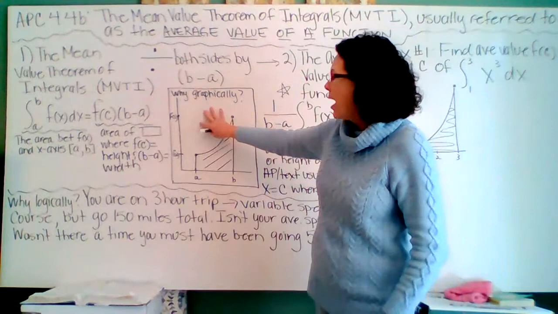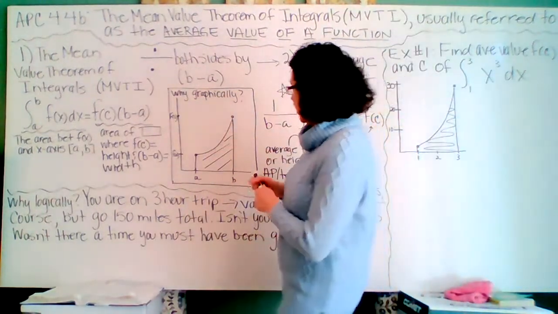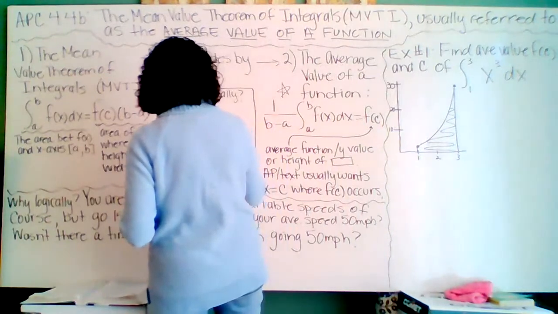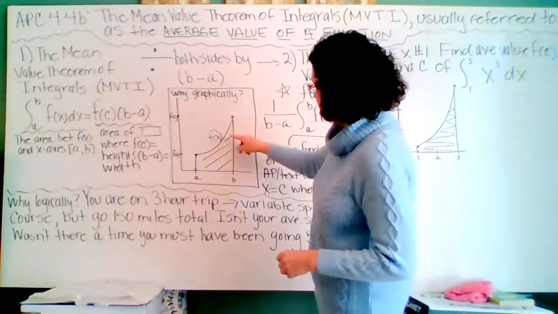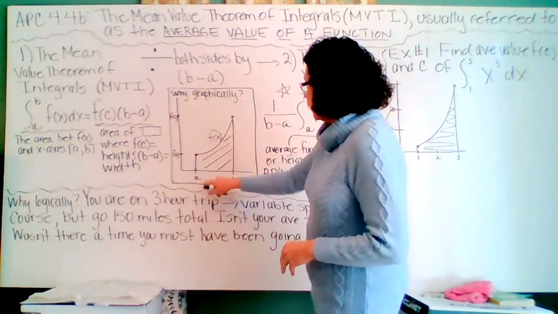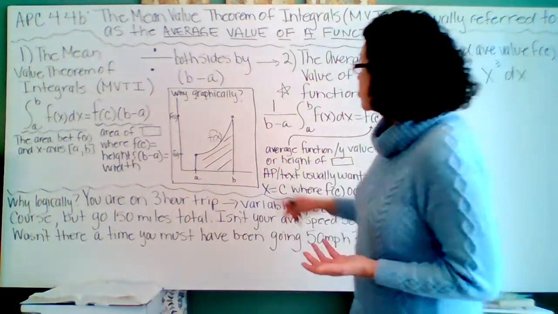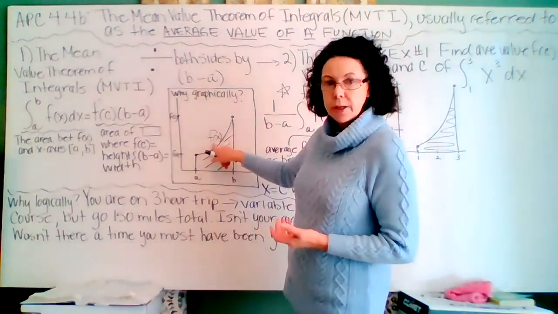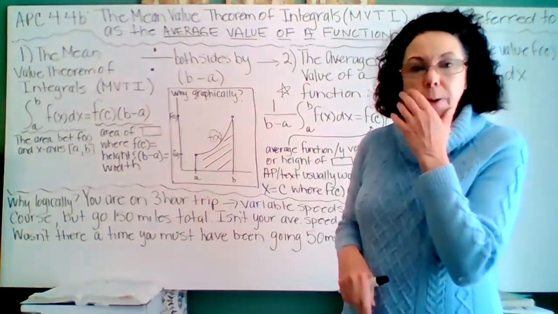Here's what's going on graphically. I drew an area here. Here's a function, f of x, a nice curve on an interval from a to b, and here's the area. If this were a rate function, like how fast you're going from a to b, this area would represent how far you went.